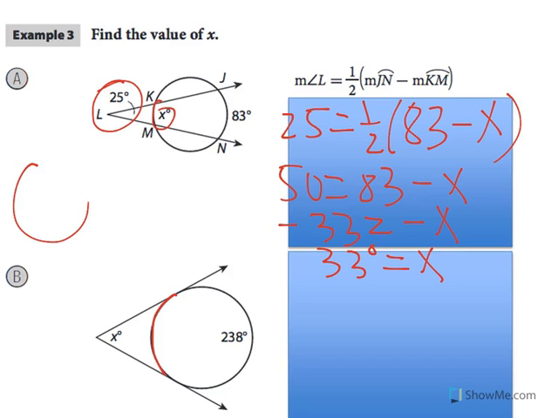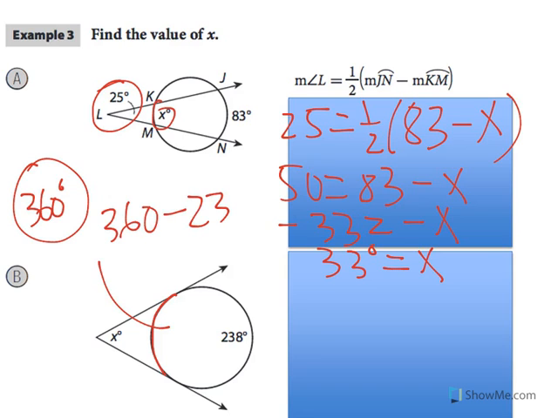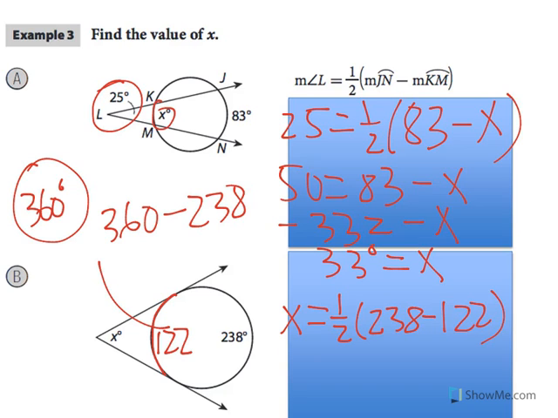For part B, first we need to solve for this arc. Notice that for the circle, the total degree is 360. So to solve for this part, we take 360 minus 238, which is 122. Then angle x equals 1/2 of 238 minus 122, so x is 58 degrees.